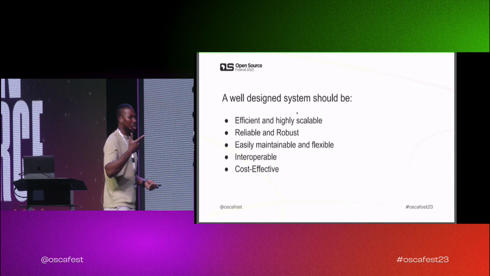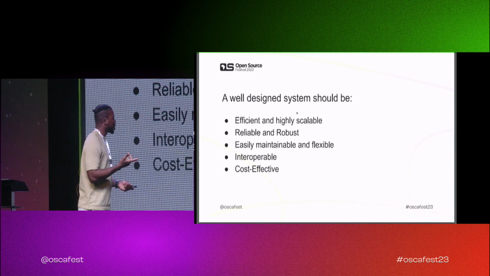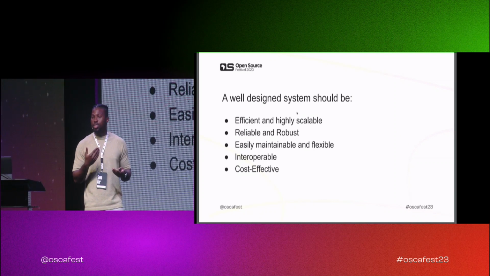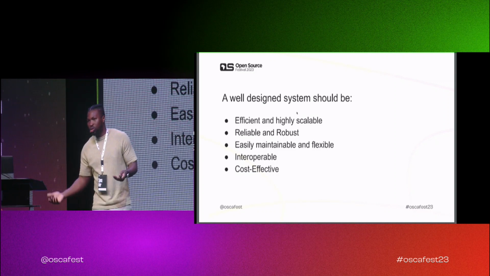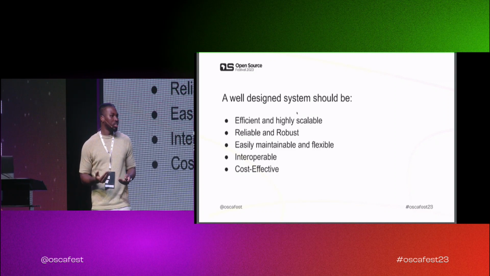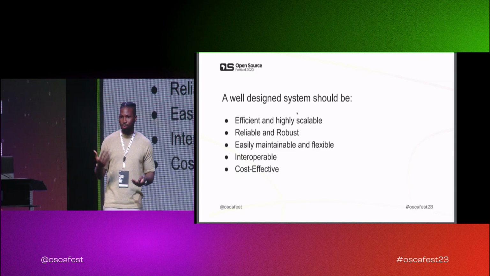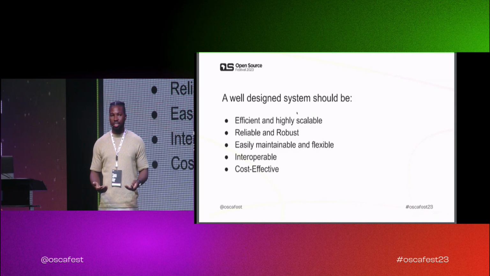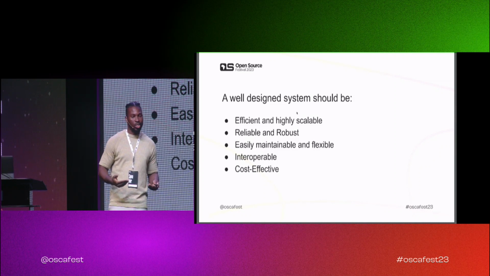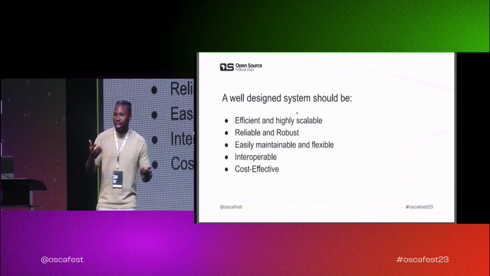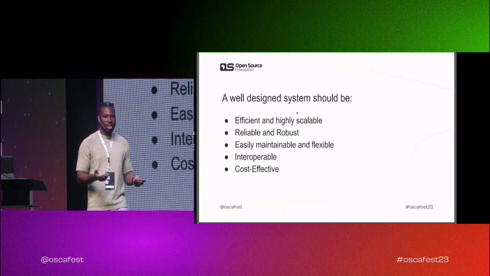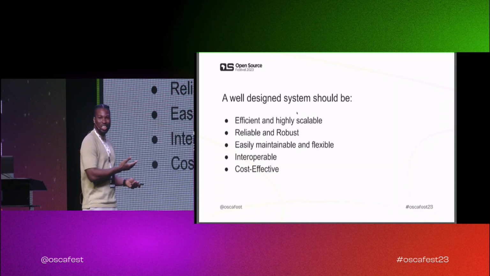And then we say that a well-designed system should be efficient and highly scalable, meaning even if you are building for one user, if your application, for instance, goes viral, is it resilient enough? Is it efficient enough to scale? Or is it going to break down? I've heard lots of stories like that where people spend weekends building an MVP and then it goes viral, gets hit by lots of users, and it's not scalable enough.